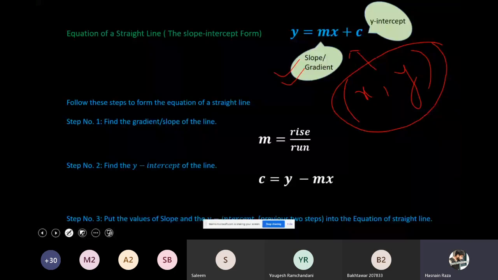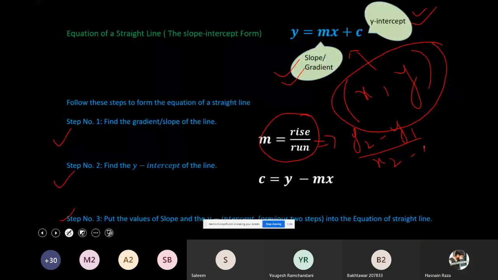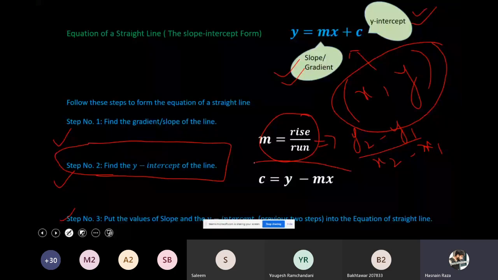Then we have to follow these steps to form any straight line's equation. Step number 1: जिस लाइन की इक्वेशन बनानी है उस लाइन का स्लोप कैलकुलेट करो with the help of this formula, or we can also use y2 minus y1 upon x2 minus x1. Second, we have to find the y-intercept. So with the help of which formula?